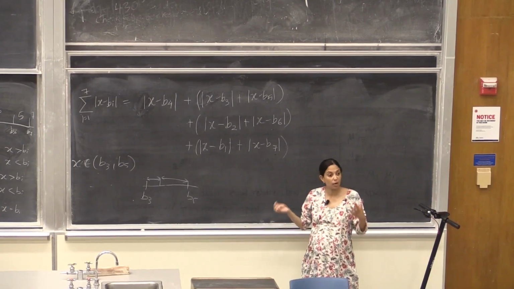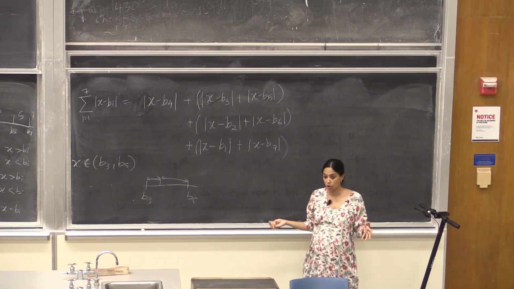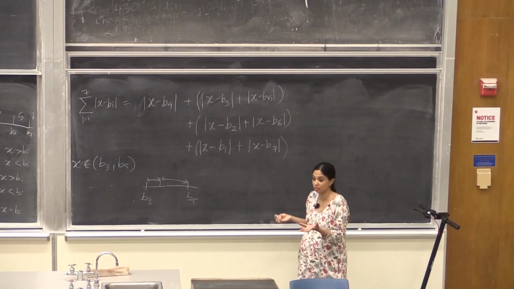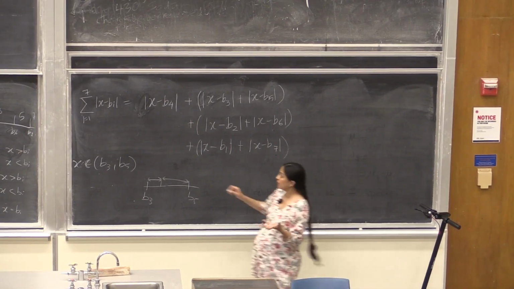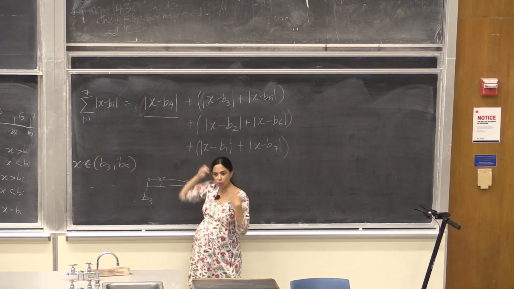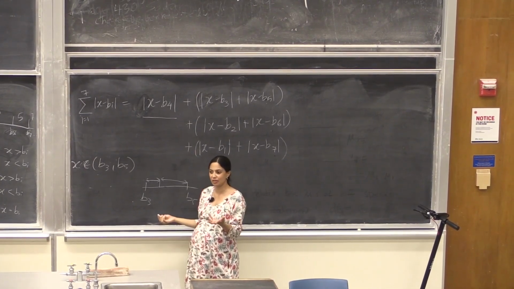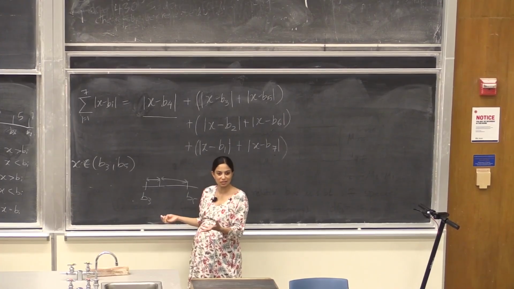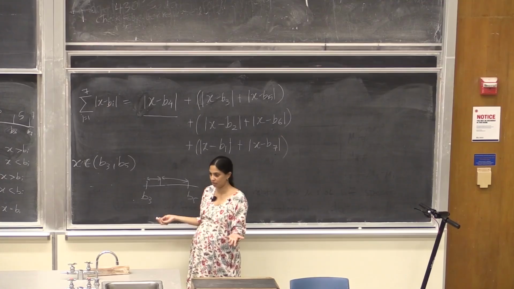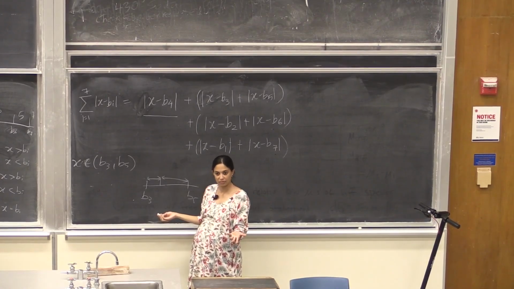No. No matter what I choose, this is always the same. So what is the term that I can affect by my choice of x? This is the only term I have any chance of affecting. So what should I choose my x to be? b4. So what is my minimizer? b4, right? This is the median.